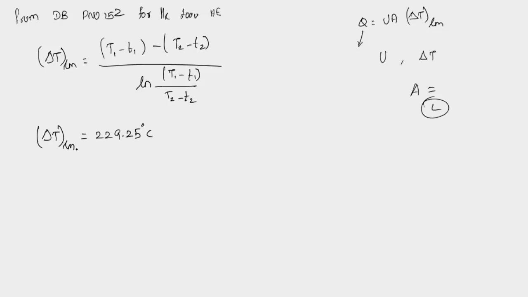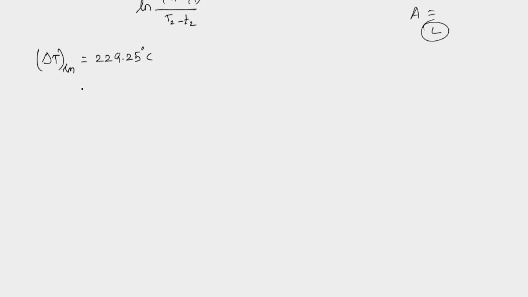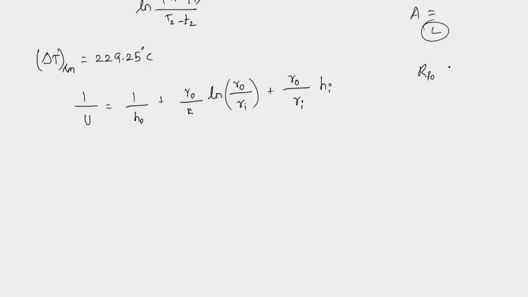Now you have to find out the value of U. From the data book, likewise in the last problem, you have to take the formula 1 by U equal to 1 by H naught plus R naught divided by K ln R naught divided by Ri plus R naught divided by Ri into Hi. In the data book the values of Rf naught, Rfi are given. Here in the problem these two values are not given, so I just omit those two terms in this equation.